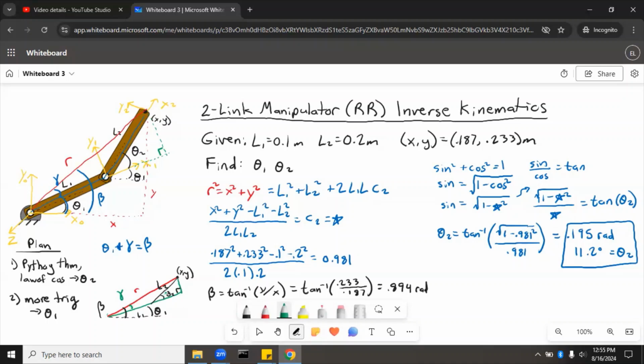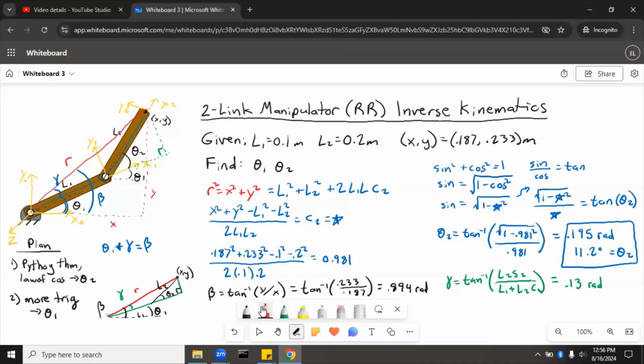The gamma angle is the inverse tangent of those two green sides. Gamma equals tan inverse of the opposite side, which is L2 sine theta 2, over the adjacent side, which is L1 plus L2 C2. That comes out to be 0.13 radians.